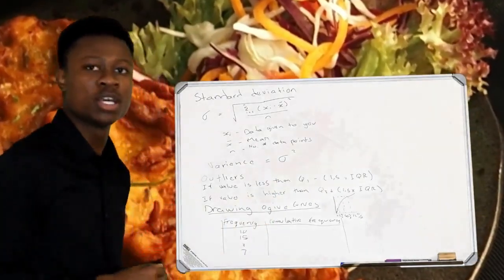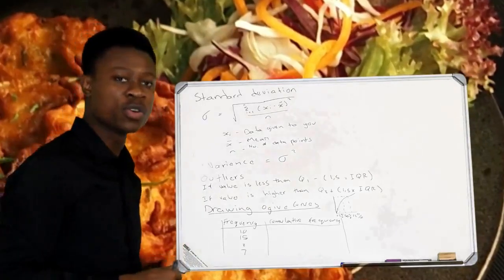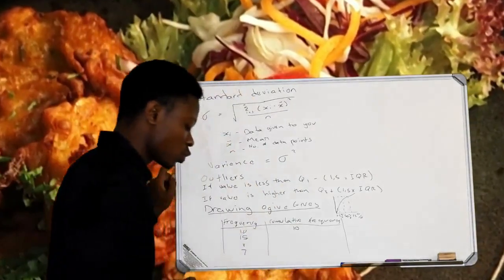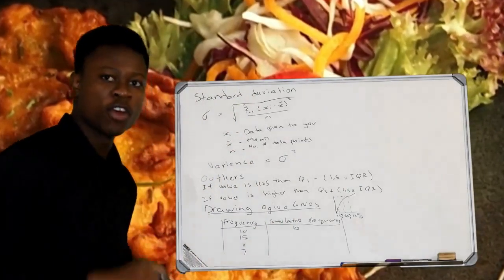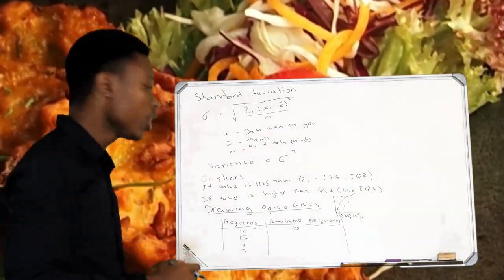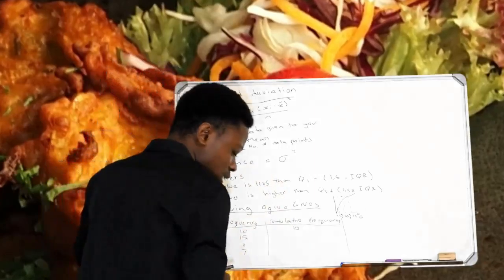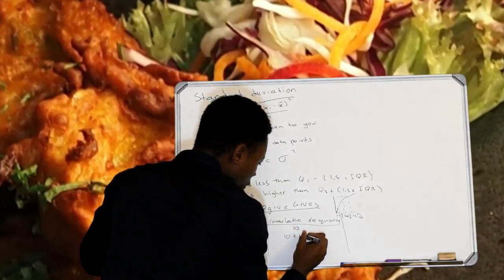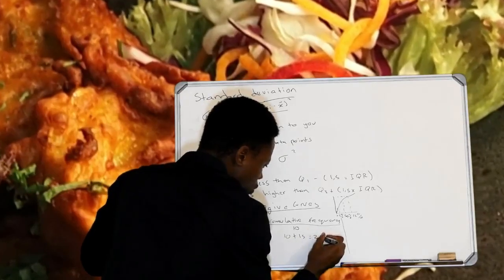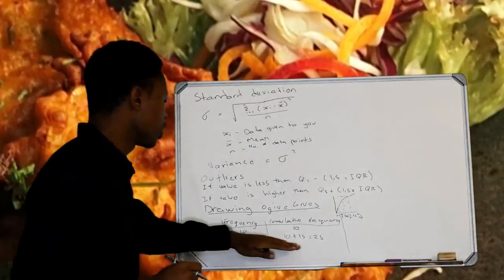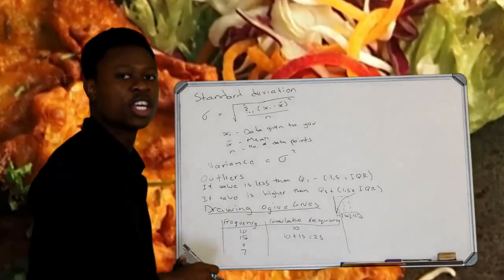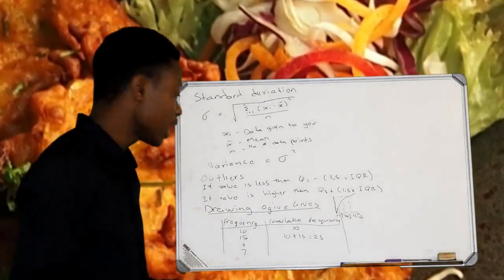So how do you get your cumulative frequency? First of all, the first one is the same as the first one, so it'll be 10 and 10. And then from then onwards, you add the value that's already there. So this will be 10 plus 15, which gives you 25. So 15 matches with 25 in the cumulative frequency column, right?